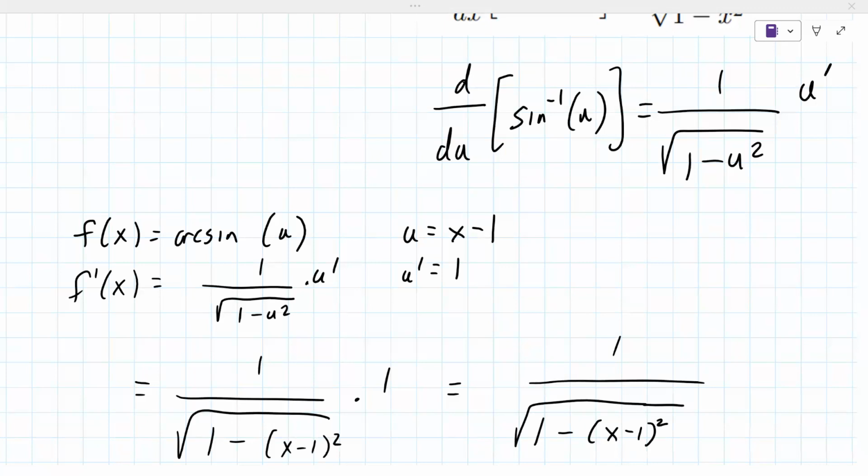All right, so we can do a couple more. Let's look at 45.